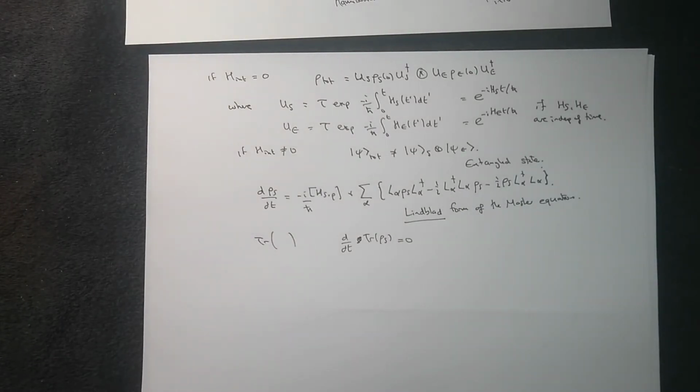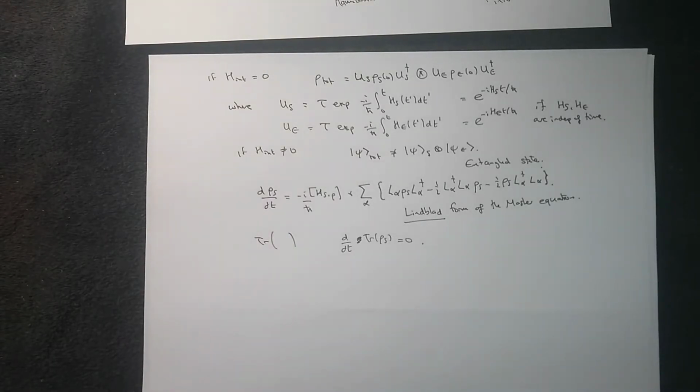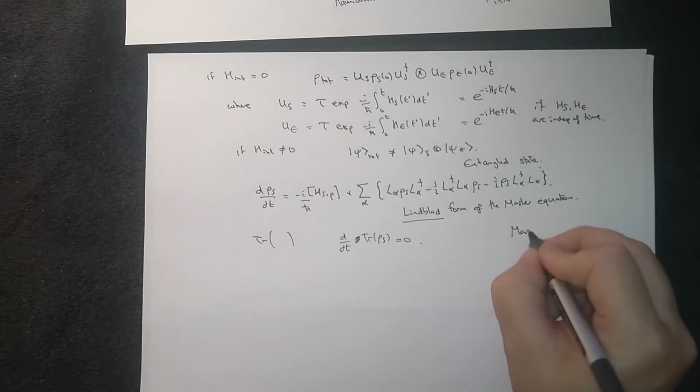The effect of the new terms is to encapsulate how the entanglement with the environment and the subsequent discarding of the information transferred into the environment takes a pure state of the system into a mixed one. Now, we have made certain physical assumptions, and that is that the rate of change of the density matrix depends on the density matrix at the current time. This is a Markovian approximation.